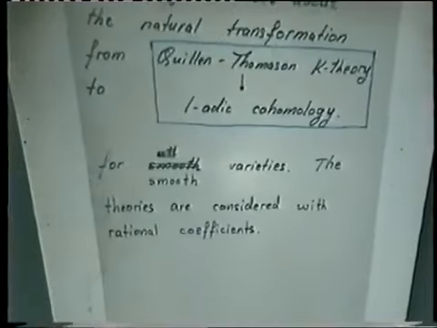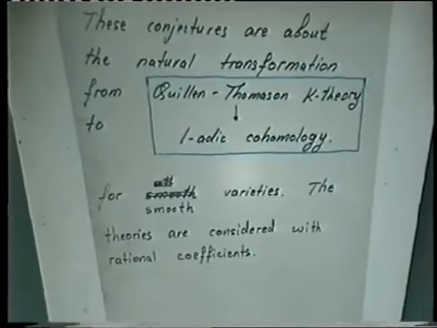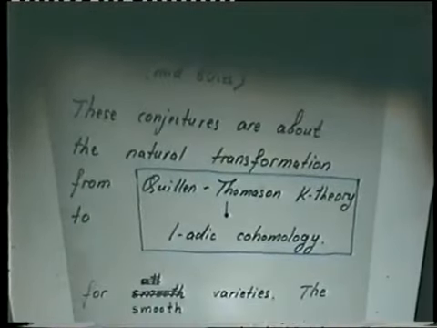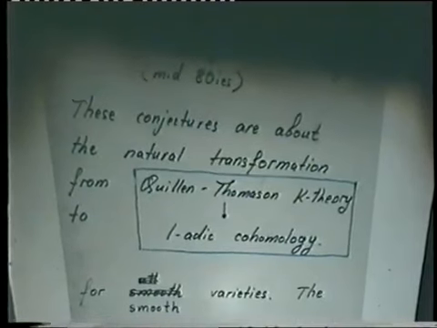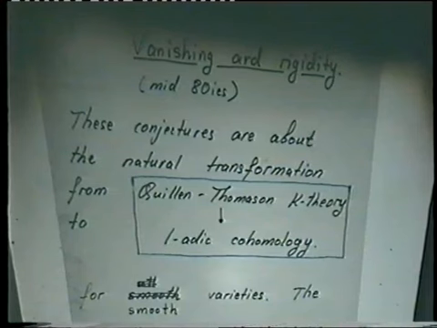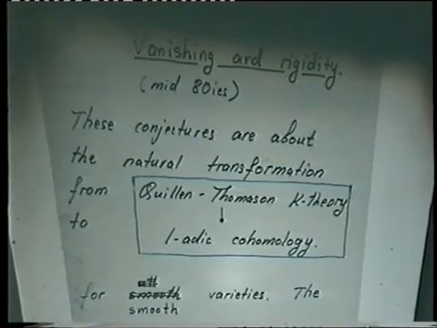The next bunch of conjectures, in fact 2 of them, came much later, and I didn't have time to ask Sasha exactly when. So when did vanishing appear? Aha, so it's early 80s. It fits even better into my picture.